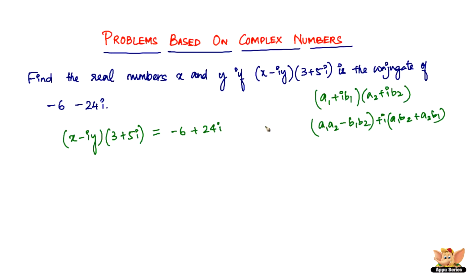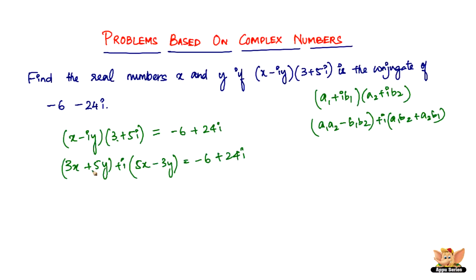So in this case a1a2 is 3x, minus b1b2 is minus of minus 5y, which is plus 5y, plus i times a1b2, which is x times 5, which is 5x, plus a2b1, which is minus 3y. So plus of minus 3y is minus 3y, equal to minus 6 plus 24i.